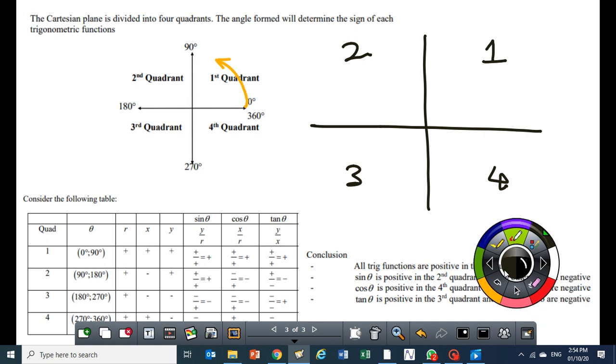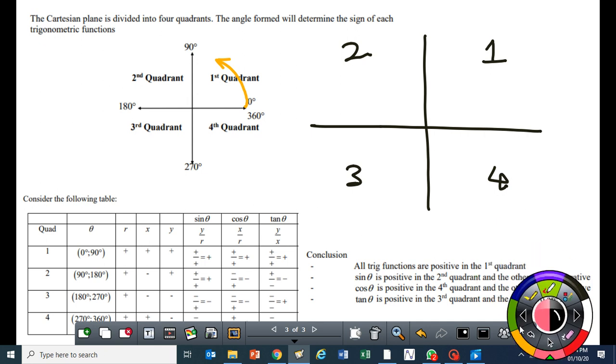Alright. So, in the first quadrant, all 3 trig ratios are positive. So if you take any angle between 0 and 90 degrees, if you take sine of that angle, cos of that angle, tan of that angle, you always get a ratio which is positive.